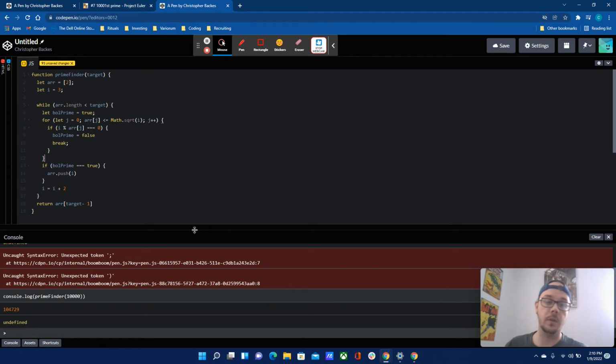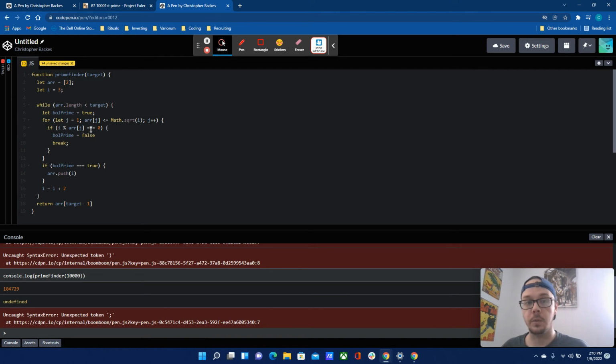We don't even need to check 2, because we're only checking odd numbers here, and odd numbers are never divisible by 2. So 101, when we first set this up, was checking every number from 2 to 100 for divisibility.